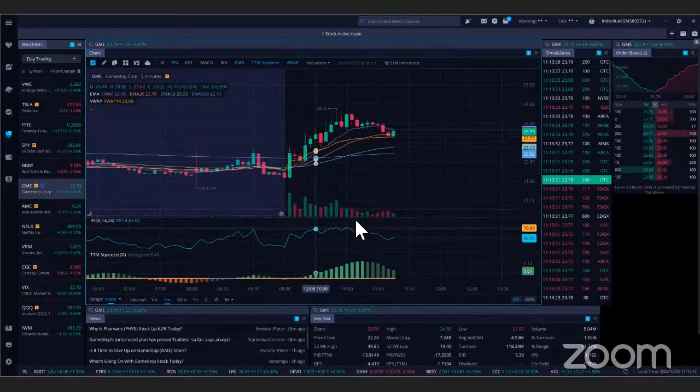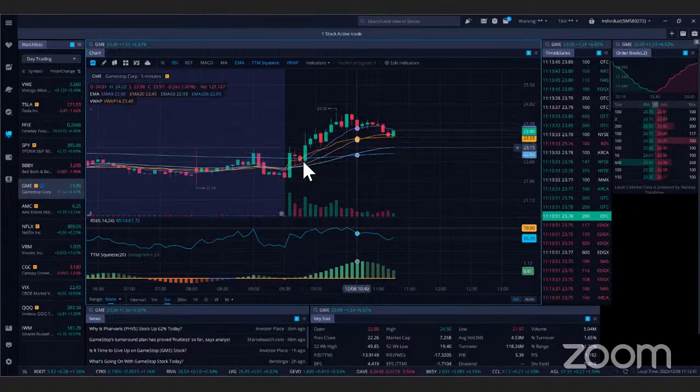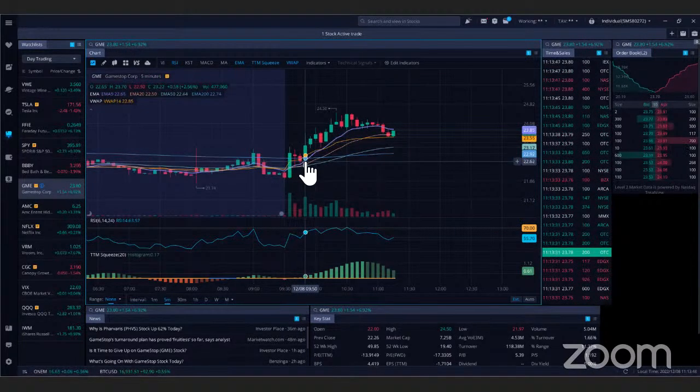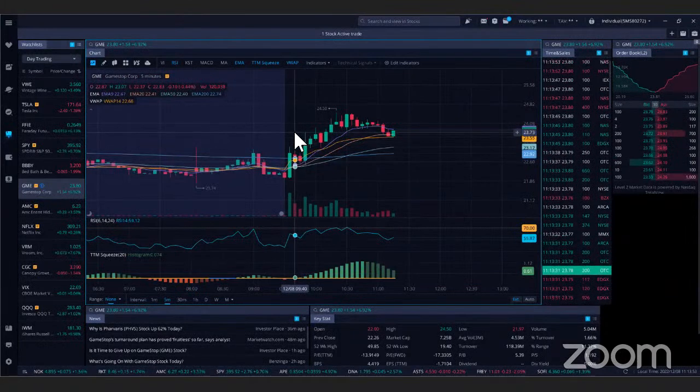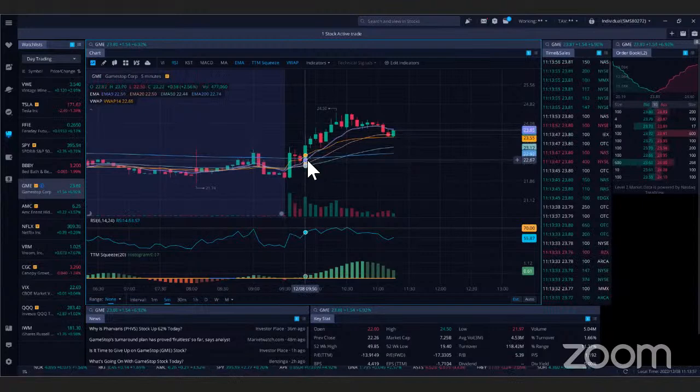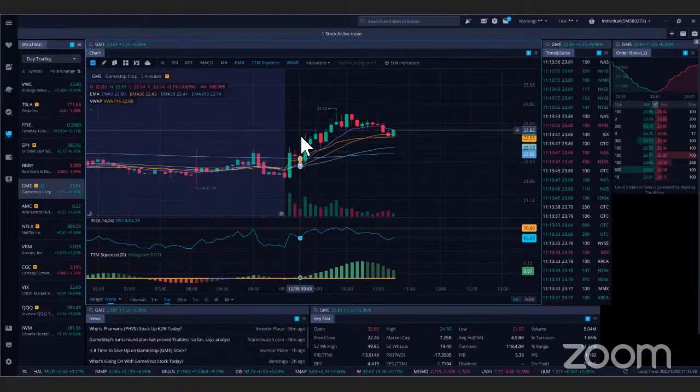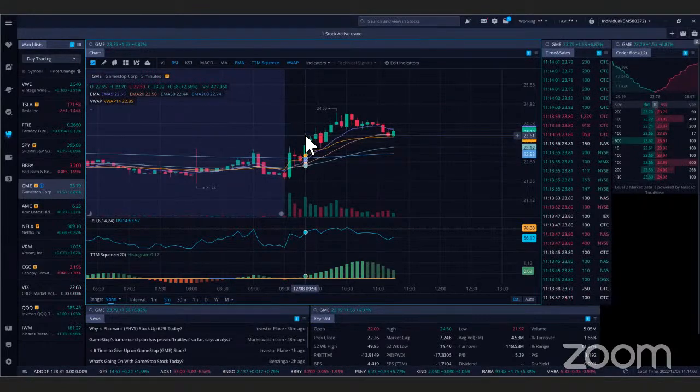One way that I would play this is called a continuation trade. You see how we got this one 5-minute bar at like 9:50 and we ran all the way up, we ran from 22.50 to 23.50, we'll say for easy numbers. So that's momentum to the upside.